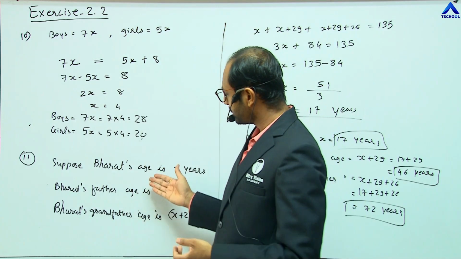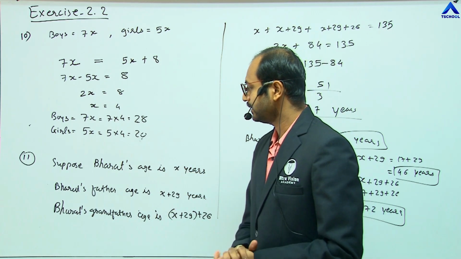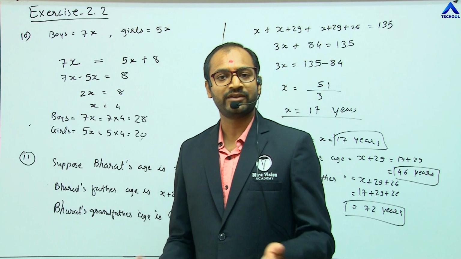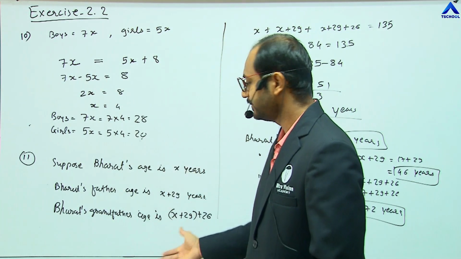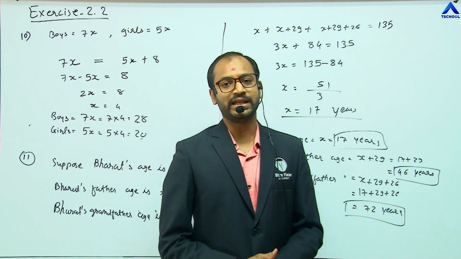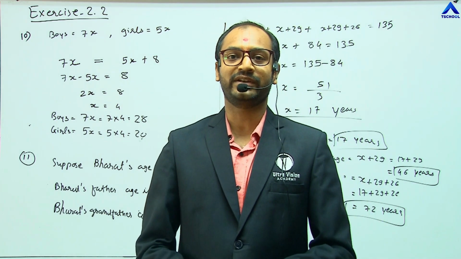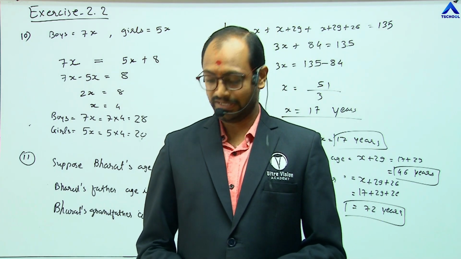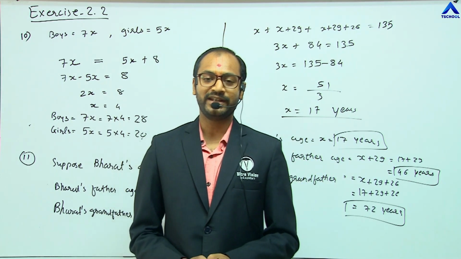We know the relationship among the father's age, grandfather's age and Bharat's age. Then we can find the actual ages of these three. Clear? So we can solve practical problems using linear equations. That is the practical application of the given topic. So we will do more practical problems in the next lecture.